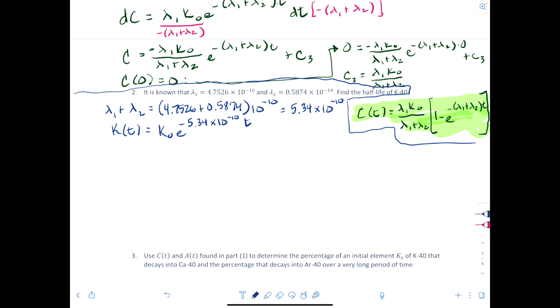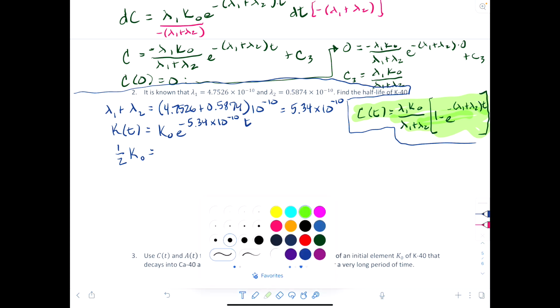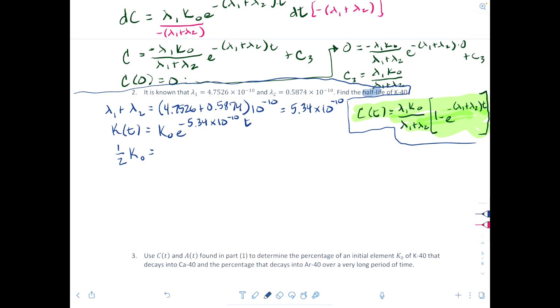Now, we're going to plug in 1/2 of k0 in for k at t because we're looking for half-life, right? So looking for half-life, we plug this in, half of the initial. That's going to be k0 e to the negative 5.34 times 10 to the negative 10 t.